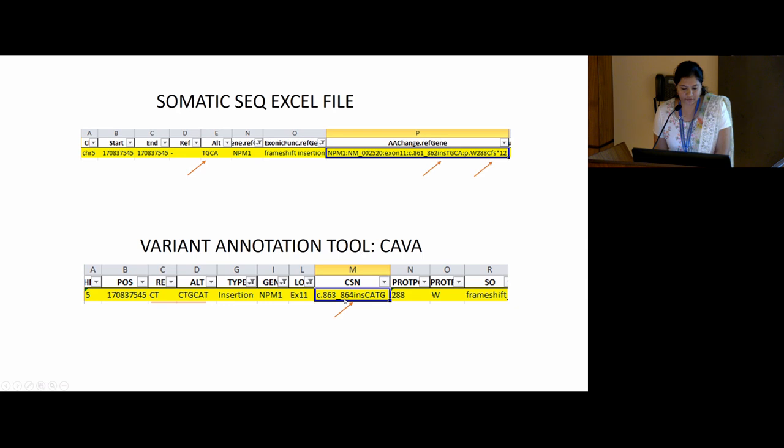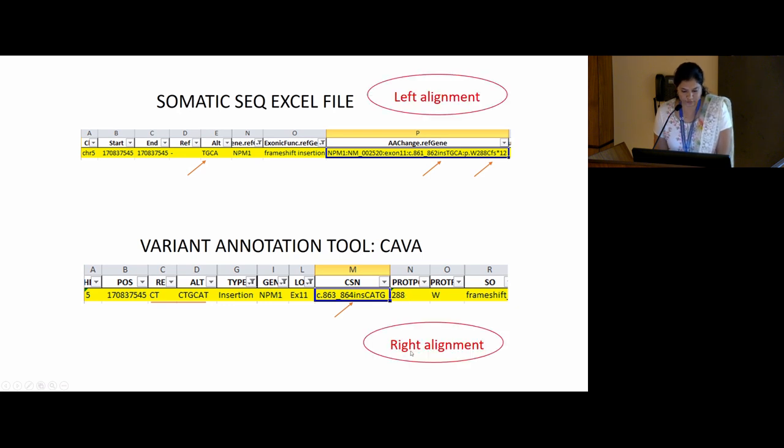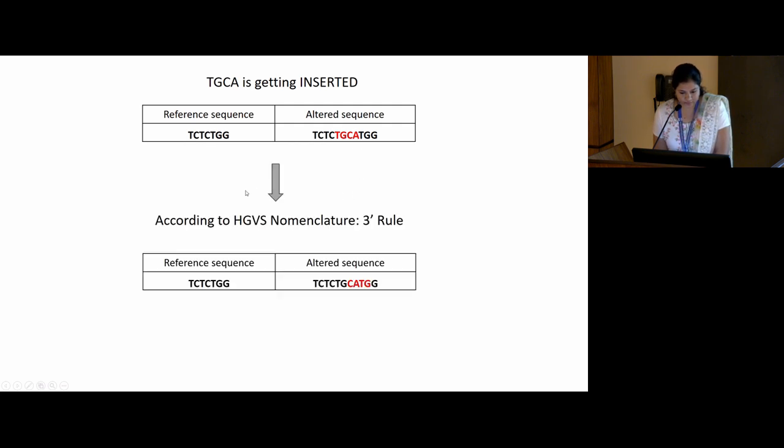And we know that we have to follow Kava for right alignment. So TGCA is getting inserted between C and T. According to the HGVS nomenclature 3' rule, this will be the original sequence and this will be the inserted sequence now.